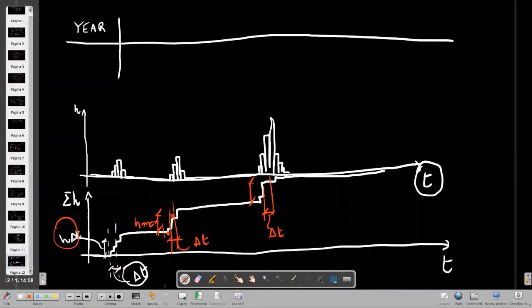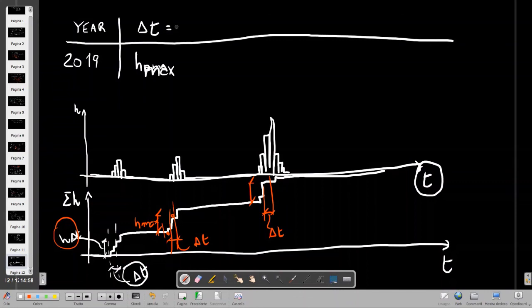So if we, just for example, this is 2019, the last year, for the time duration of delta t, we have the H max. So the rainfall depth, the maximum value of the rainfall depth for this given duration.